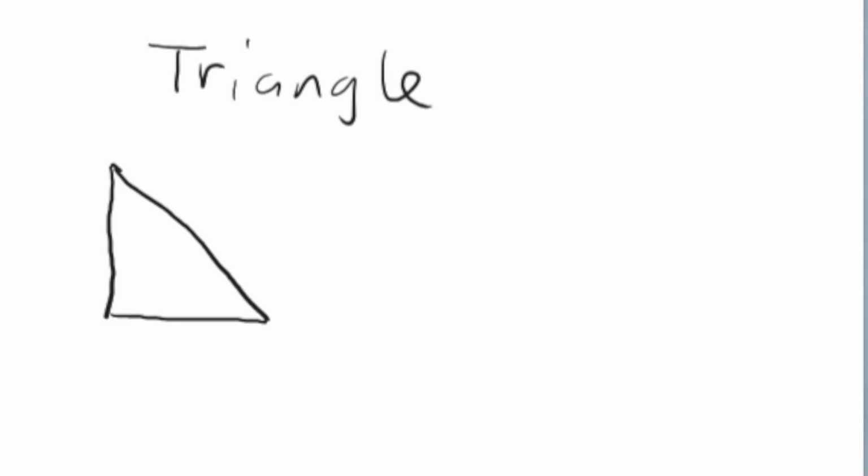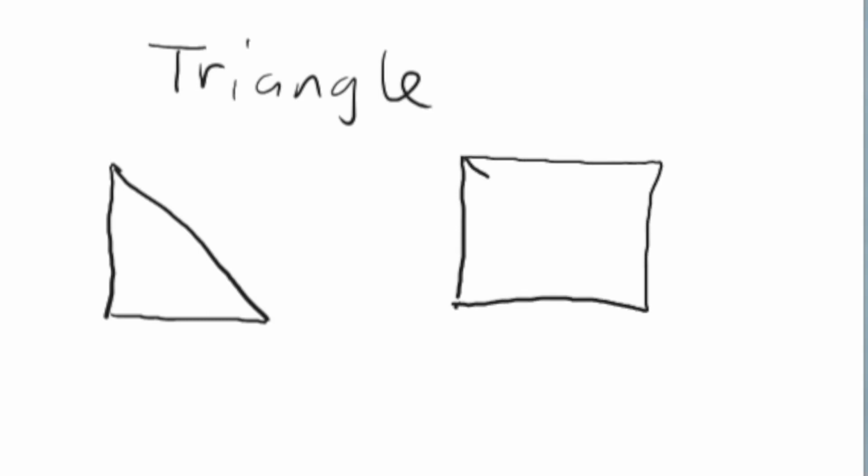If you put a diagonal line through, let's say this is my square or rectangle, and I cut it across diagonally, I get two triangles. So this is a triangle and that is also a triangle. So a triangle is just half of the rectangle or half of the square.